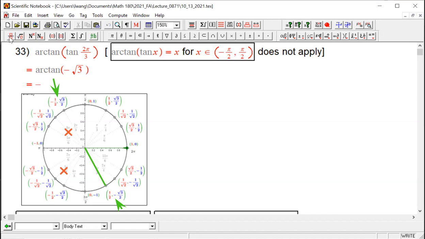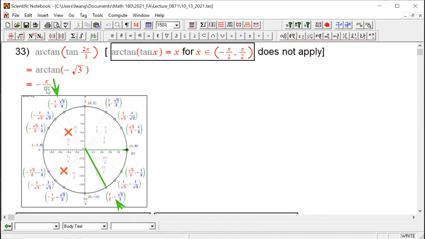So the answer here is negative pi over 3. I will have you continue to do the exercise and also work on arctangent. The idea is very similar, okay? I might mention arctangent a little bit tomorrow, but I hope I will not have to spend too much time on it, because your focus usually is sine, cosine, tangent, arctangent.